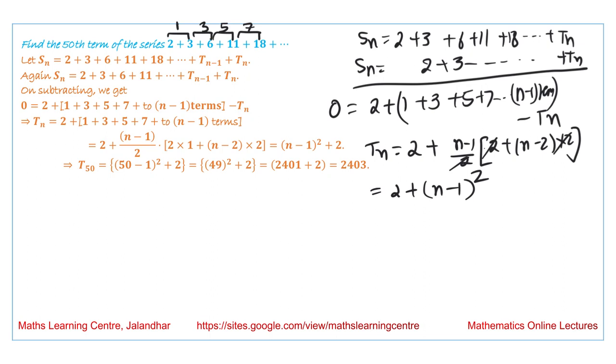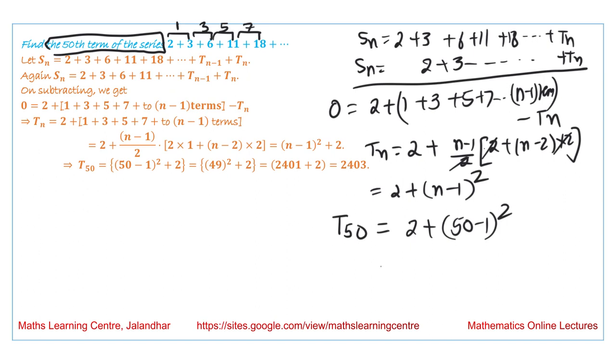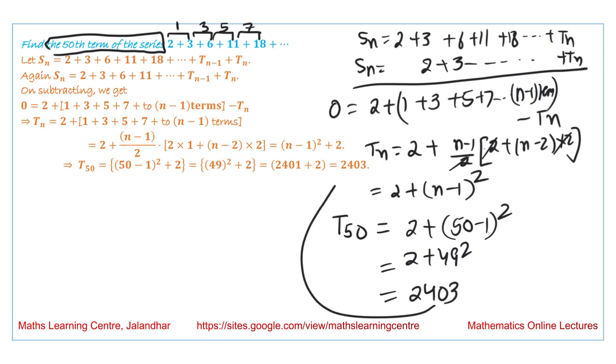Now we have to find the 50th term of this series. So T50 is 2 plus (50 minus 1) square, which is 2 plus 49 square, equal to 2403. So this is the 50th term of this series.